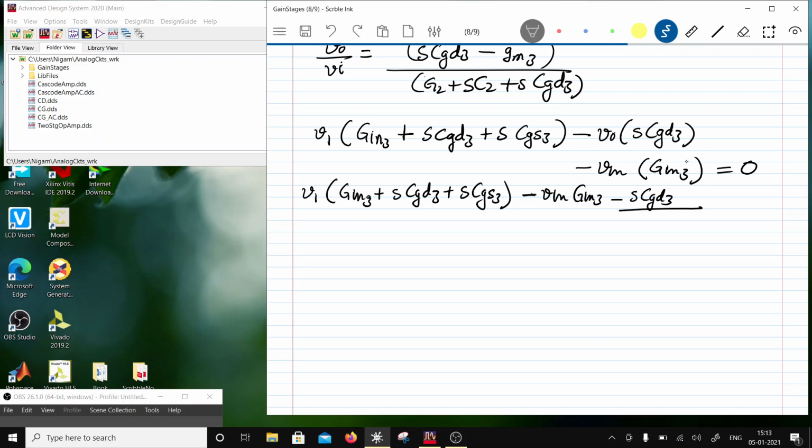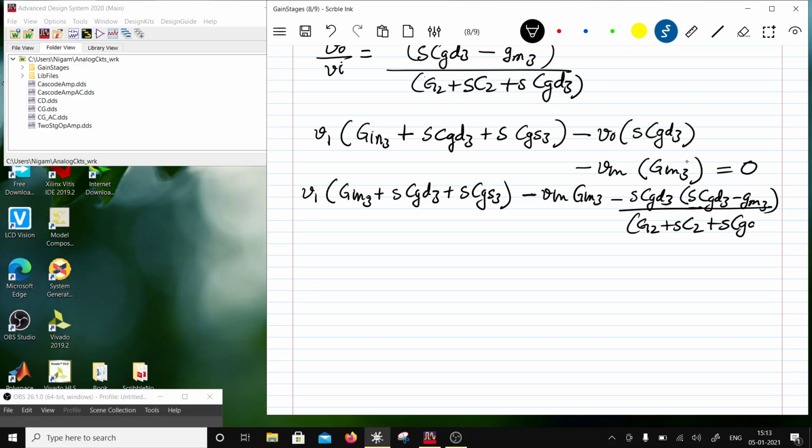So fine, VO in terms of Vi, right? So this will be SCGD3 minus GM3 divided by G2 plus SC2 plus SCGD3 times of Vi equal to 0, right? Now I'll collect the terms of Vi and I'll do Vi by Vin.